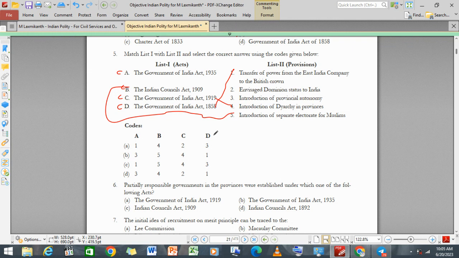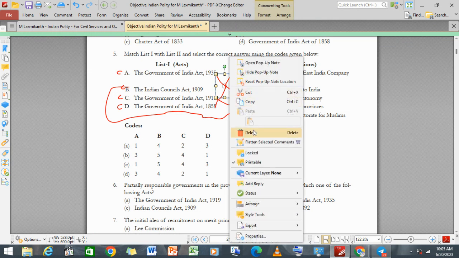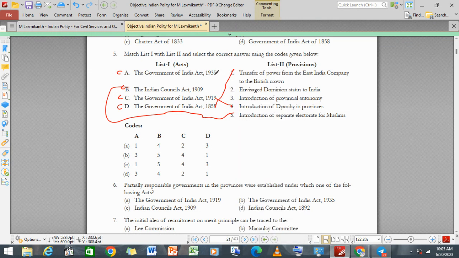And A, provincial autonomy. It was the latest. Forgive me, I've deleted it out. Provincial autonomy system came in 1935, after which only the Indian Independence Act came.